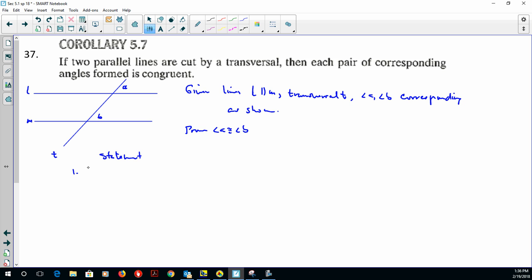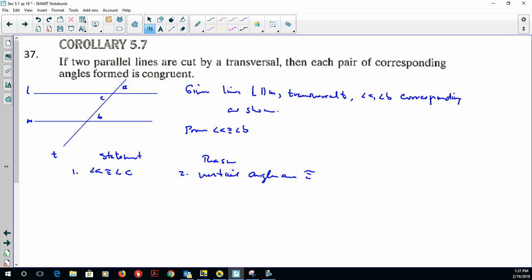And we didn't put C down, but this is going to be the reason: vertical angles are congruent. Probably should be a little more careful here. We should say that angle A is the exterior angle. Let C be the vertical angle to angle A.